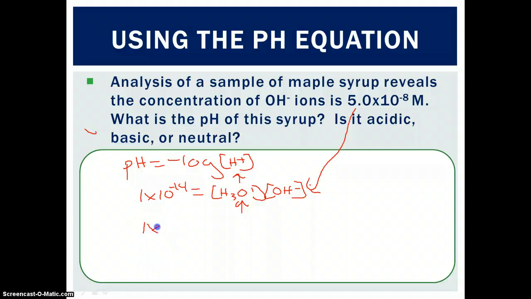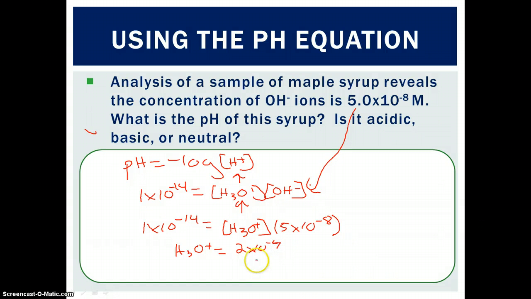So 1 times 10 to the negative 14th equals hydronium ion concentration times 5 times 10 to the negative 8th. Hydronium ion concentration equals 2 times 10 to the negative 7 after I divide both sides by 5 times 10 to the negative 8.